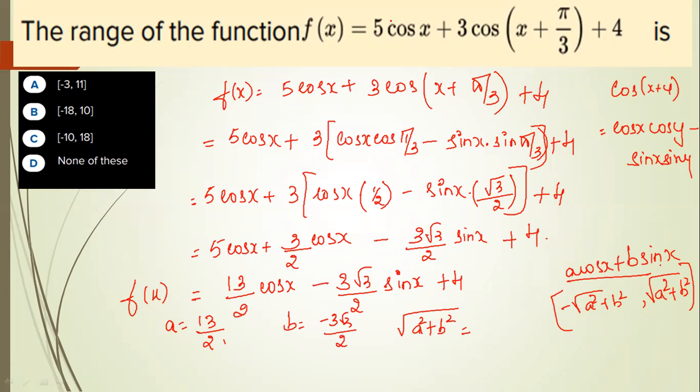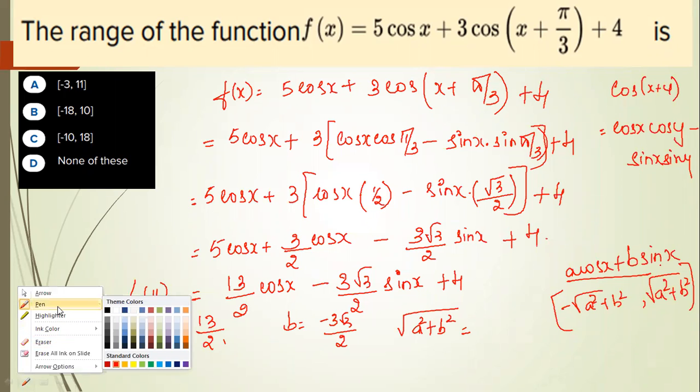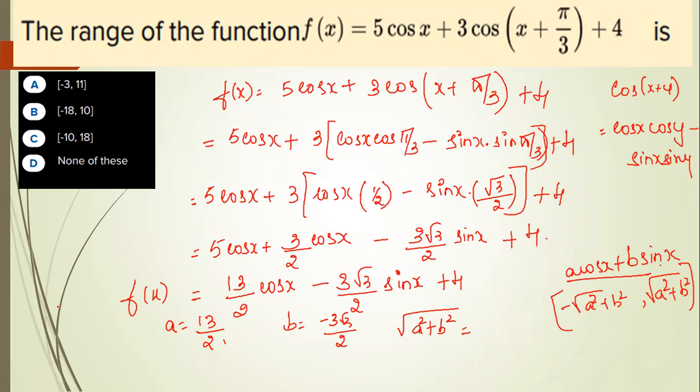Dikshita, Elvina, Jyoti, Mehak Taj, Rohan, Noor Fatima, Subramanya. What is the answer? What is square root of a square plus b square? It's not 51. Check your answer again.